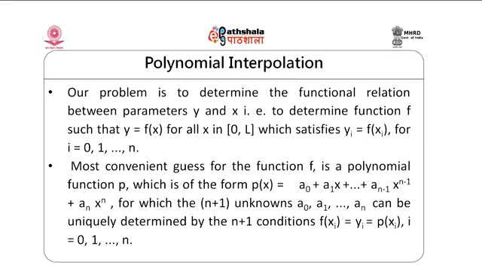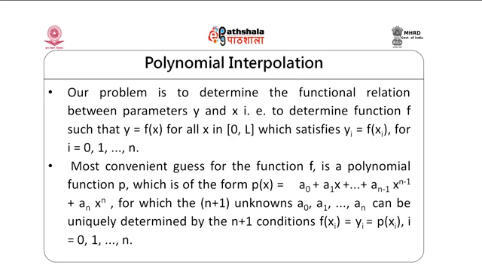The most convenient guess is a polynomial p of the form p(x) equal to a0 plus a1 x plus up to an x raised to n, for which the n plus 1 unknowns a0, a1, a2, a3, up to an can be uniquely determined by the n plus 1 conditions given by f(xi) equal to yi, which we are considering equal to p(xi) for i equal to 0, 1, 2, 3 up to n.